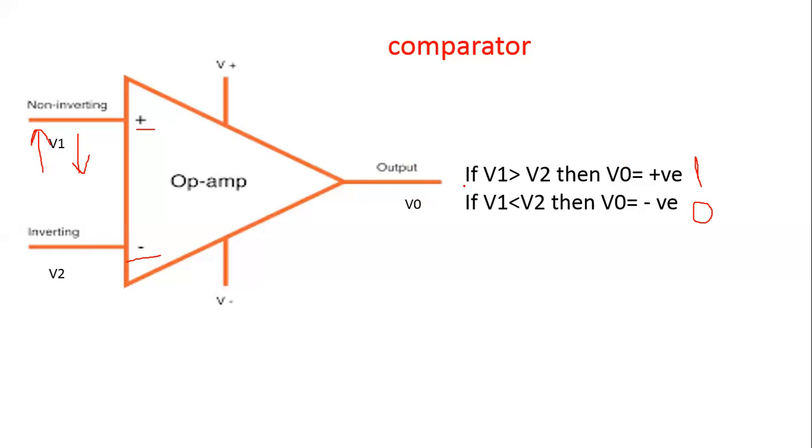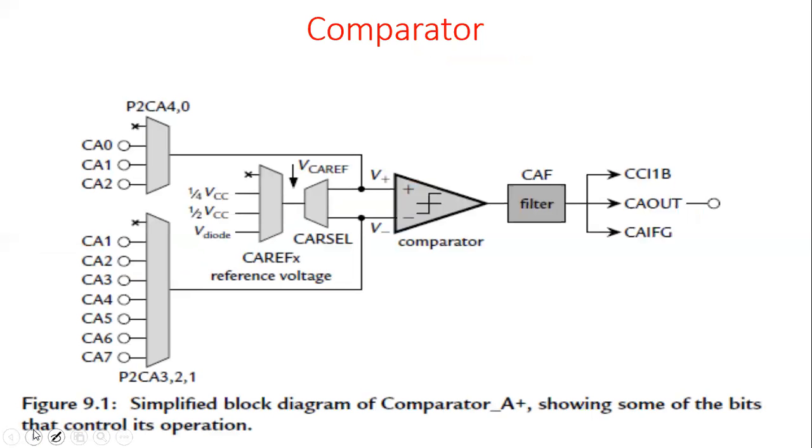Based on that, we are going to explain the block diagram of the comparator used in our MSP430. Here you have to observe this comparator, that is, one op amp. This op amp consists of two inputs, one is the non-inverting terminal and another is called the inverting terminal.